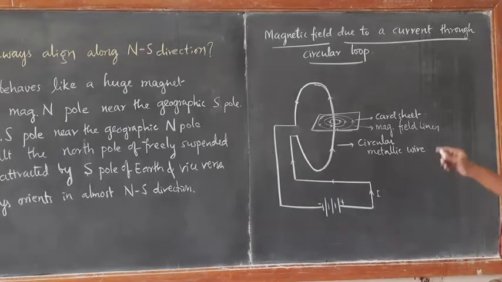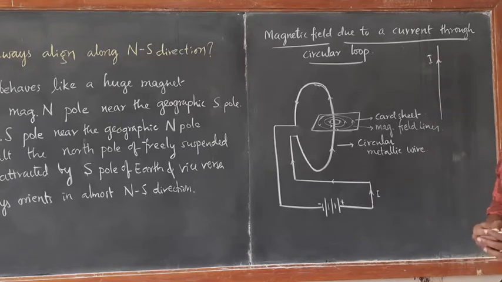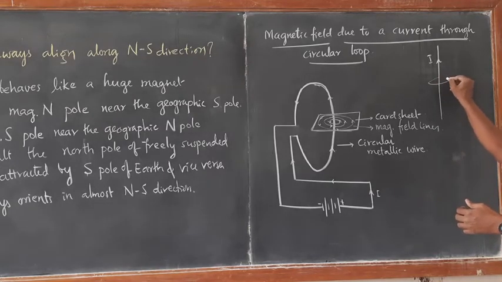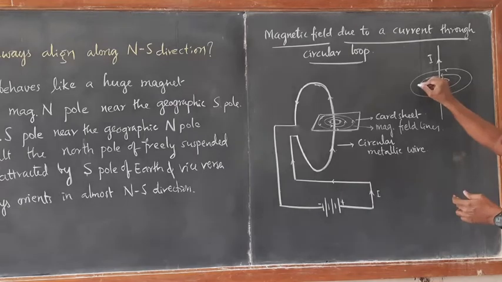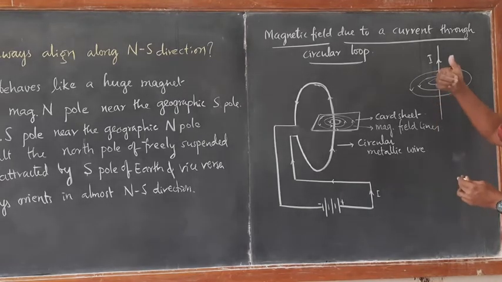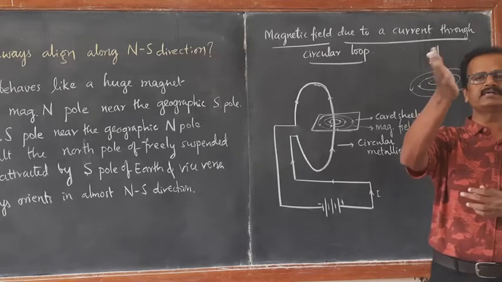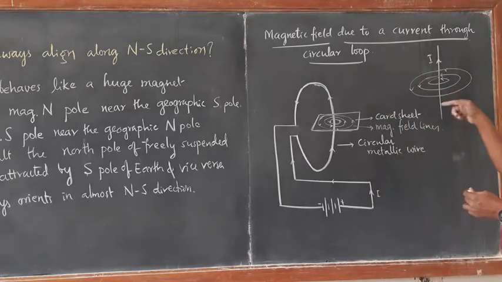Just like in the case of a straight current carrying conductor, we have used the right hand thumb rule. The right hand thumb rule gives us the direction of the magnetic field lines. The magnetic field lines will wrap around this thumb in this way. The way these four fingers curl gives you the direction of the magnetic field lines.